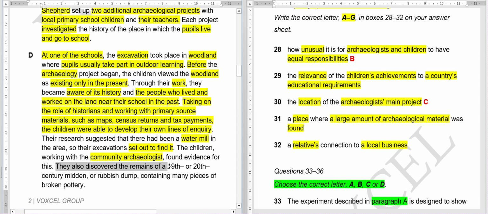So they were not so sure about the century, but they found remains in a rubbish dump, and it contained a lot of pieces of broken pottery. So pottery, things made with clay. I hope you know about that. Now you have some time to tell me if there is any answer here or not, and time starts now.